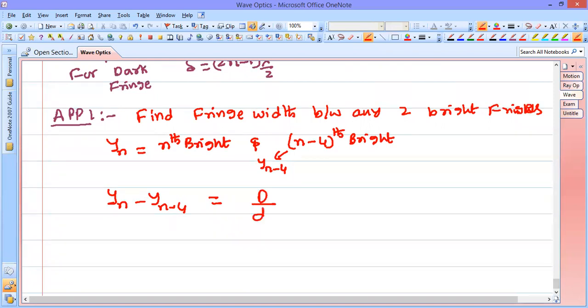Since it is a bright fringe, yn is capital D by small d times n lambda, minus capital D by small d times (n minus 4) times lambda.